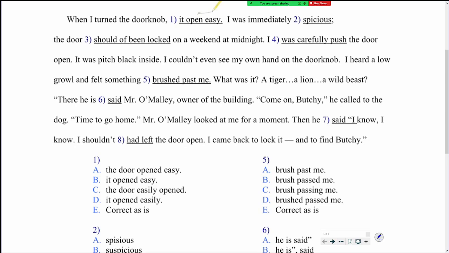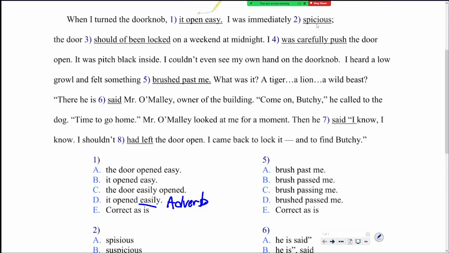Because easily is an adverb that describes how something happened. The word easy is an adjective, right? So that test is easy. So the word easy is an adjective that describes a thing. Easily is an adverb that describes how something is done.